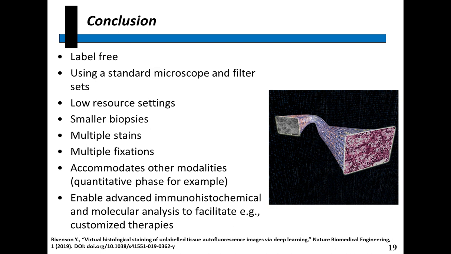So to summarize, this is another example of how deep neural networks can create interesting opportunities for microscopy. In this case, it transforms a label-free image of a section into how it would look in a stained version using a standard microscope and filter set. It's very compatible with low resource settings, and it supports smaller biopsies.